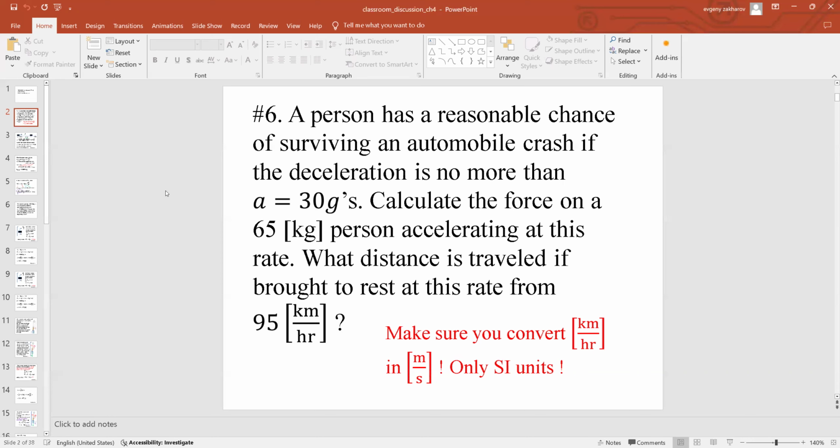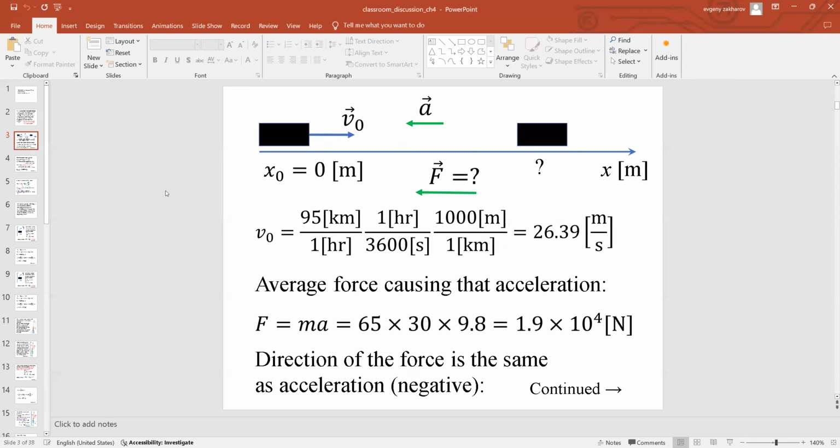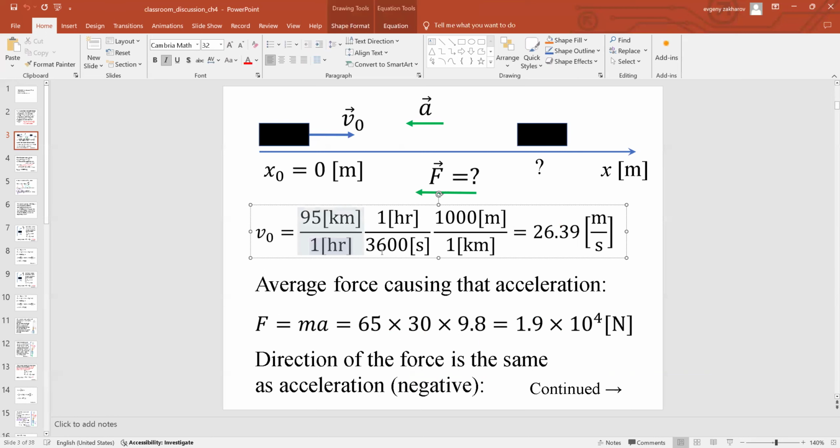Let's do the calculations, shall we? First of all, no kilometers per hour. You have to convert to System International, so meters per second, only System International units. That's the conversion. Kilometers disappear. Kilo means 1,000, so it's 1,000 meters in 1 kilometer.